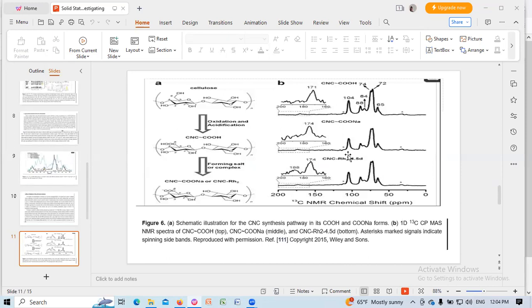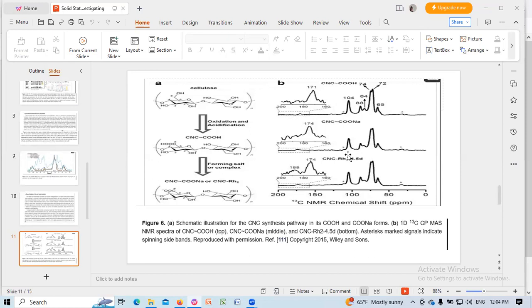The carboxylic group in the production of crystalline nanocellulose via oxidation of microcrystalline cellulose: the carboxylic group in acidic form shows a peak at 171 ppm, in sodium binding form at 174 ppm.